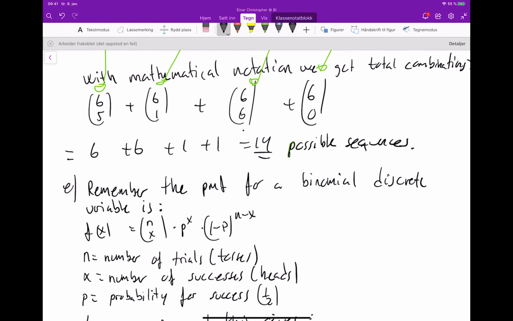E, assuming that H0 is true, compute the probability of getting a sequence that is as surprising or even more surprising than 1.